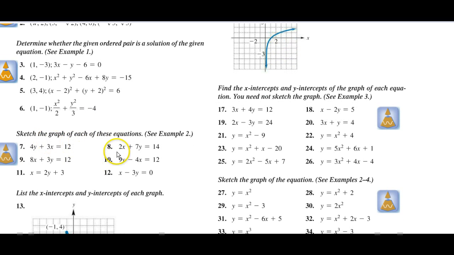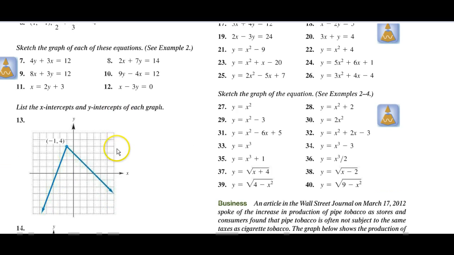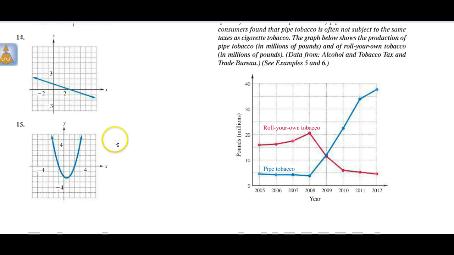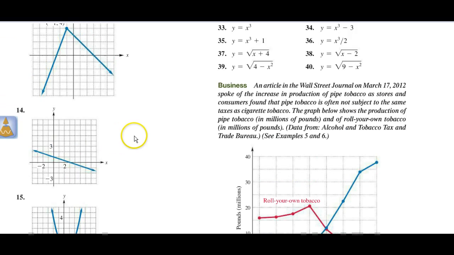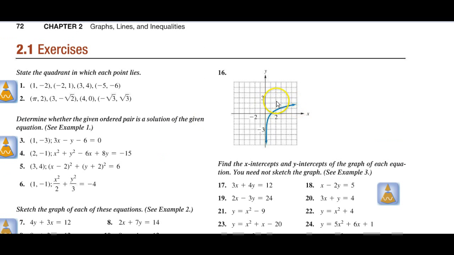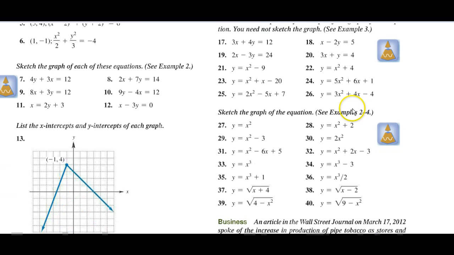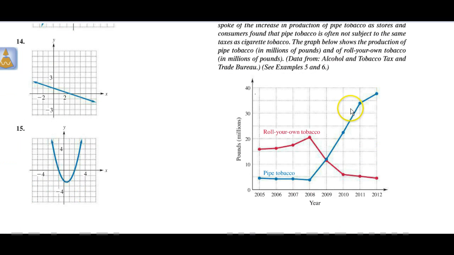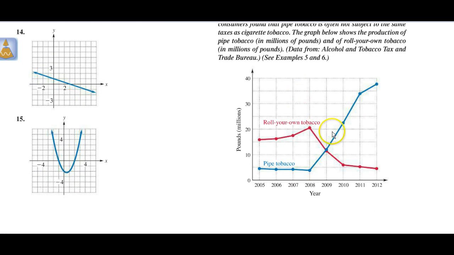Sketch and graph these. List the x and y intercepts. And again, x and y intercepts here. And being able to interpret and pick out points from the graph and that type of thing.